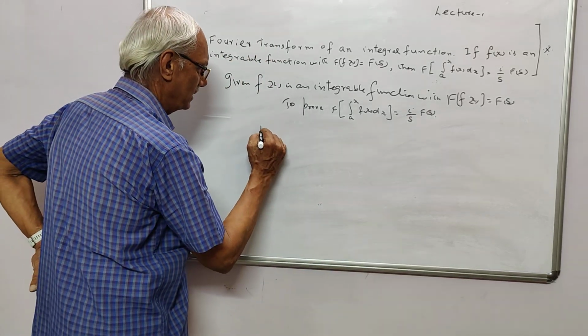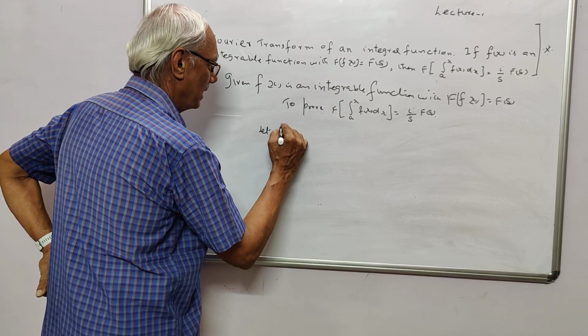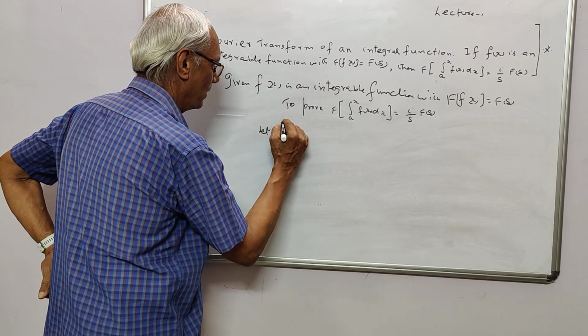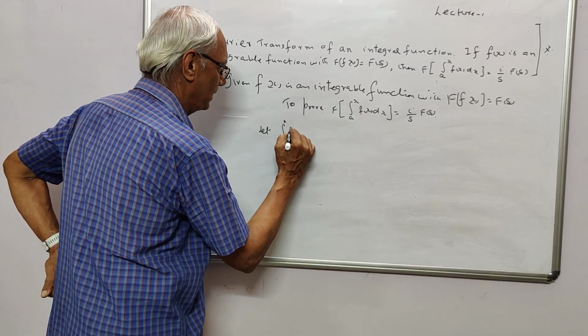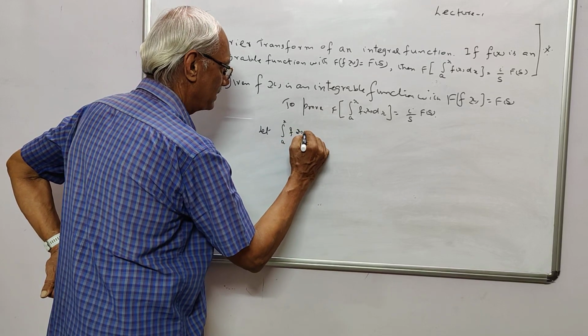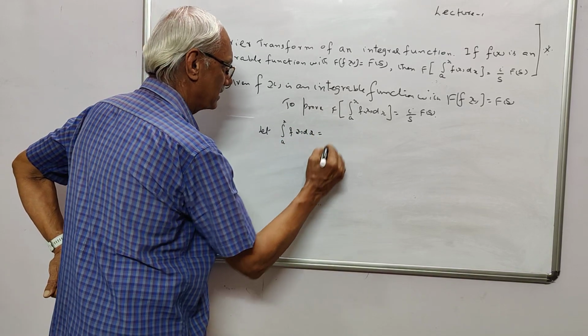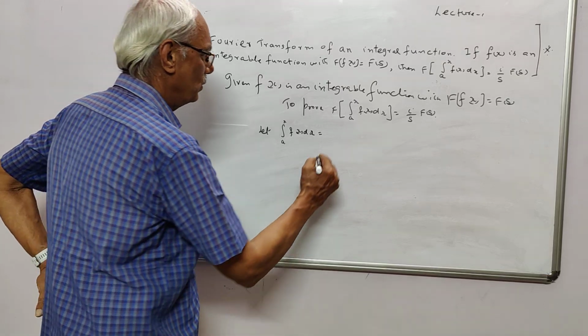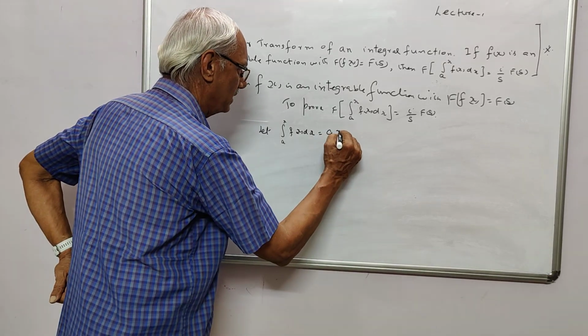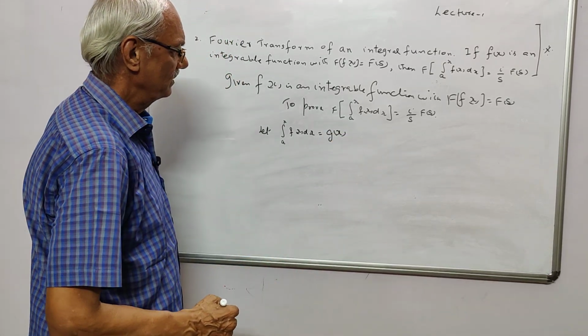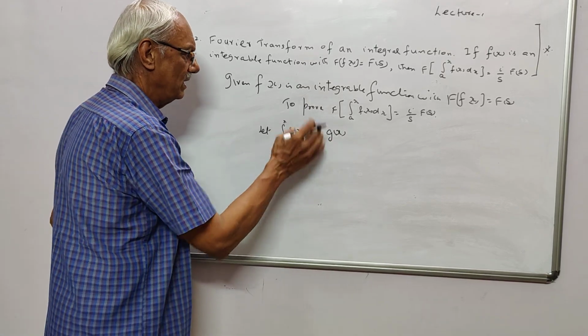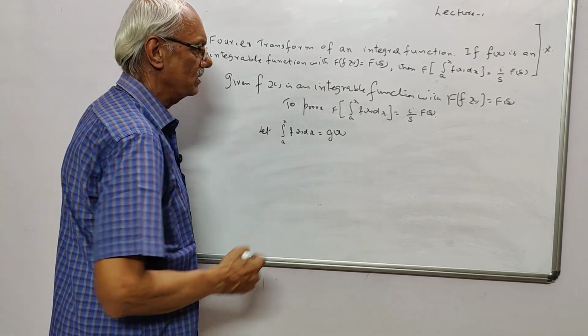Now I'll prove this. Let the integral from a to x of f of x dx be equal to your g. Let us call this g of x. Nothing else, you just call this. When you integrate this, it is going to be a function of x.